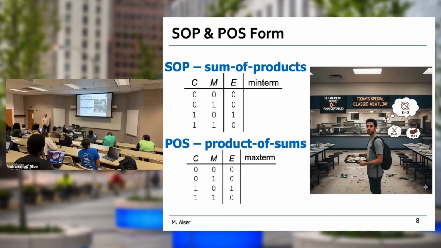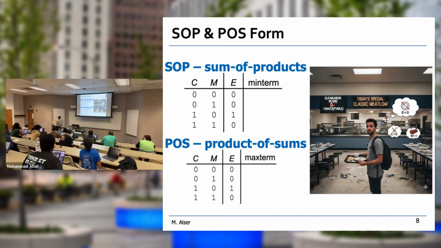What should we do next? Look at the output and whenever it's 0, take the max term. So the equation would be E equals a function of C and M. And based on the zeros, we have 3 max terms.